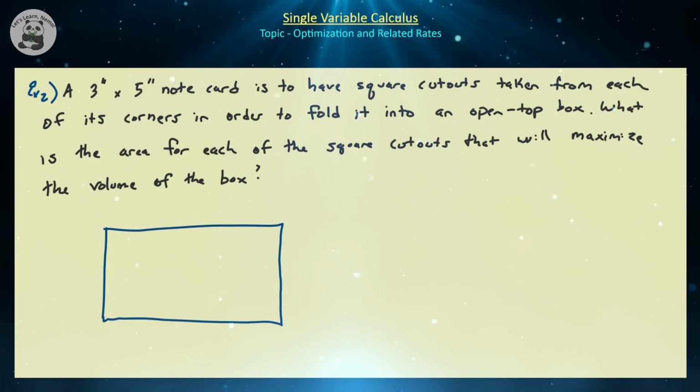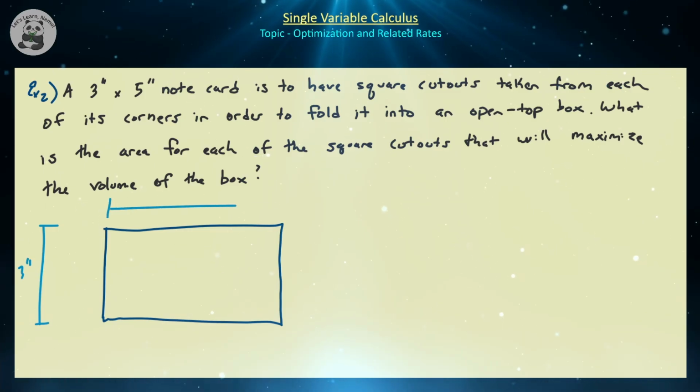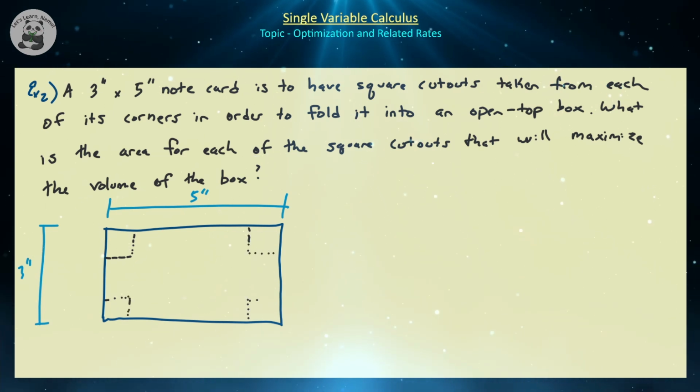So let's assume that this dimension here is 3 inches. And let's assume that this distance here is 5 inches. So what we're going to do is we're going to be cutting out these little squares out of each of the corners. And we don't necessarily know how big they need to be, so we need to give them a name.